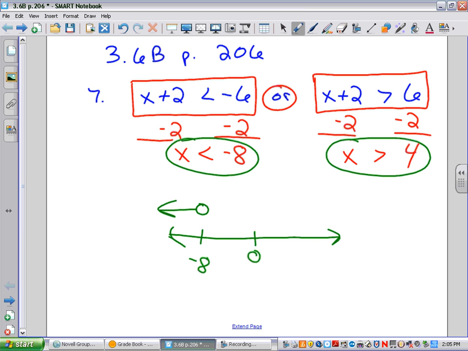The other one would be 4, open circle, greater than goes to the right. You will see on all of these OR problems, your graph will go in opposite directions. One goes to the left, one goes to the right. So we're no longer connecting them. We're no longer connecting them like we did in the previous section.